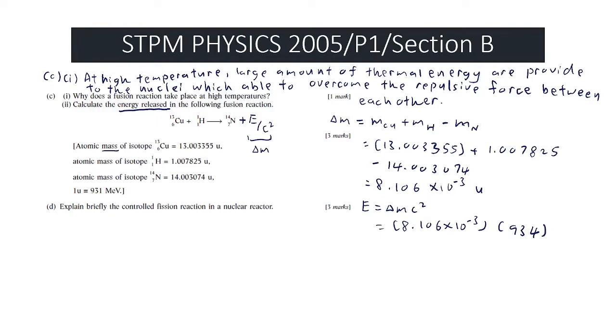This allows us to convert it into mega electron volts. So we get 7.57 mega electron volts.